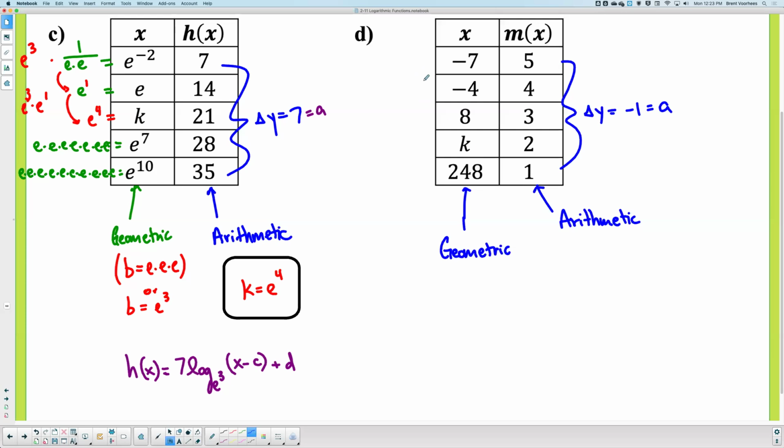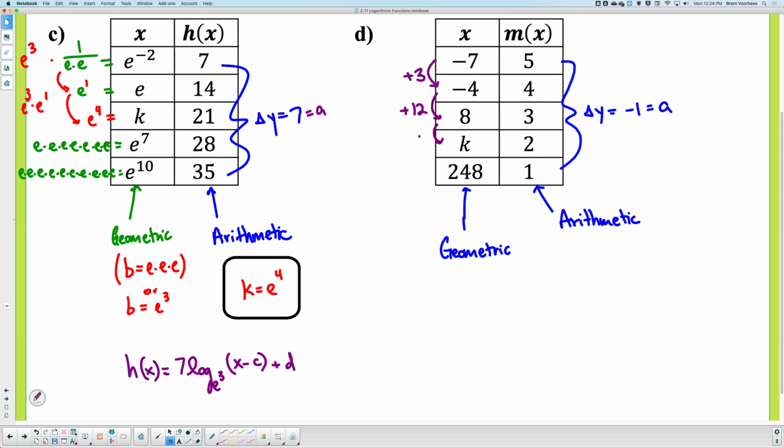Okay, let's talk about how much it's changing by. How much do I change going from a -7 to a -4? I increase by 3. How about from -4 to 8? From -4 to +8. 12? Do we know how much we increase from 8 to k?